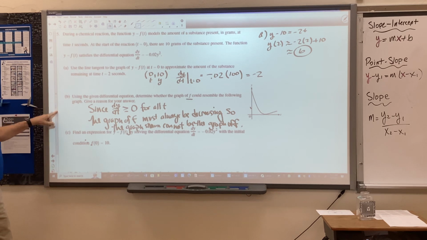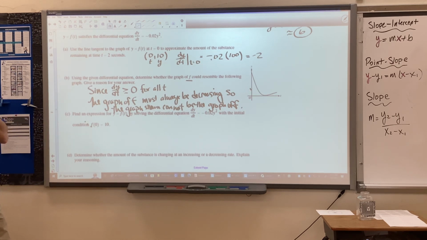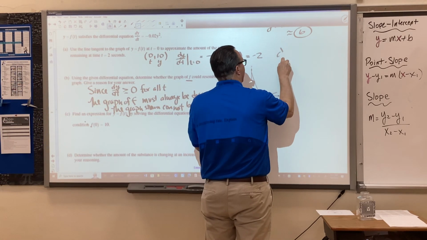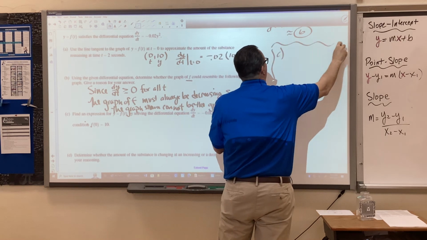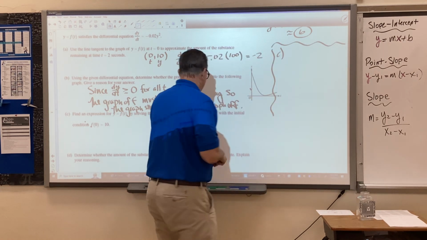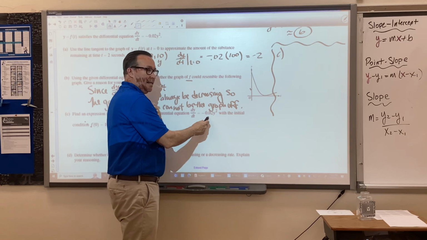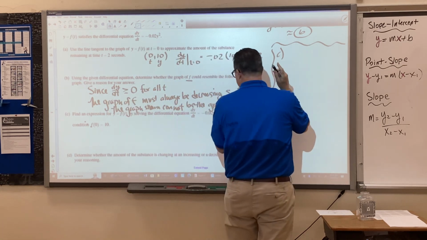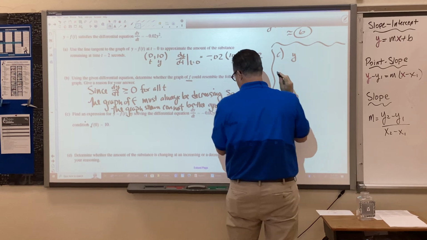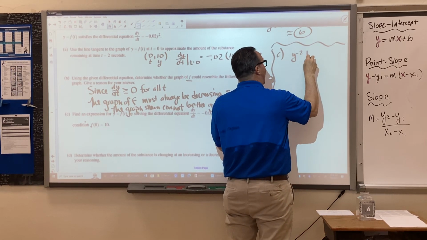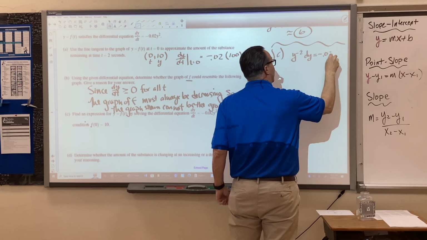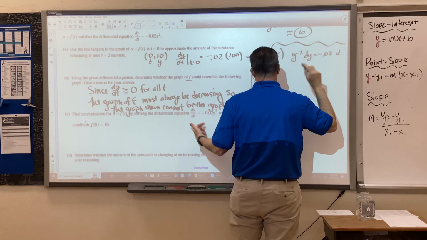Find an expression for y equals f of t by solving the differential equation with the initial condition. So let's see. Now, this 0.02 does not move. Y squared moves. So I have y to the negative 2 dy equals negative 0.02 dt.